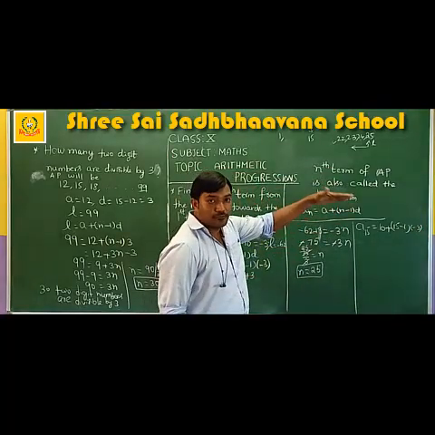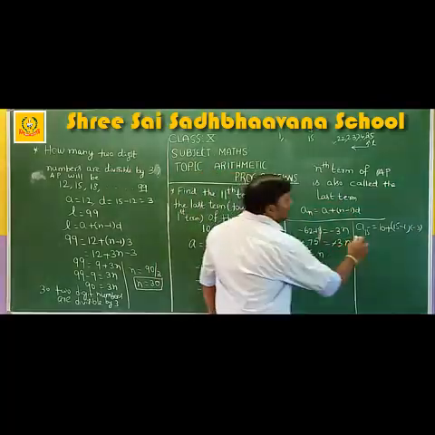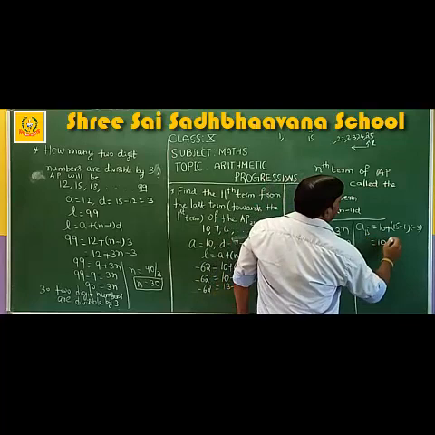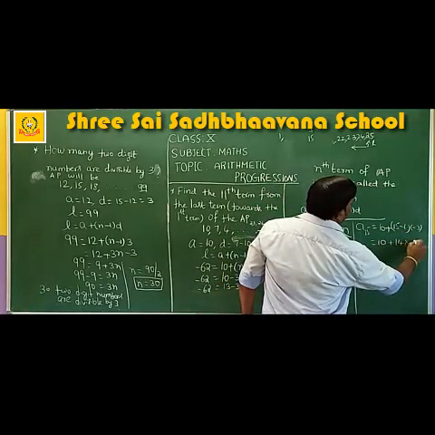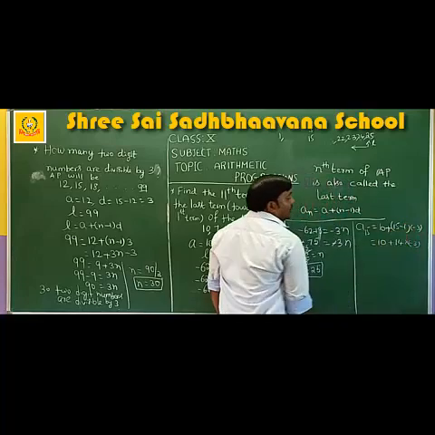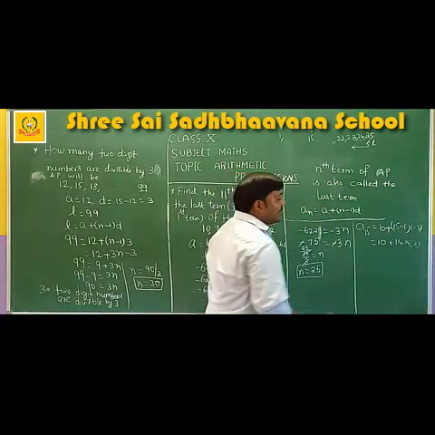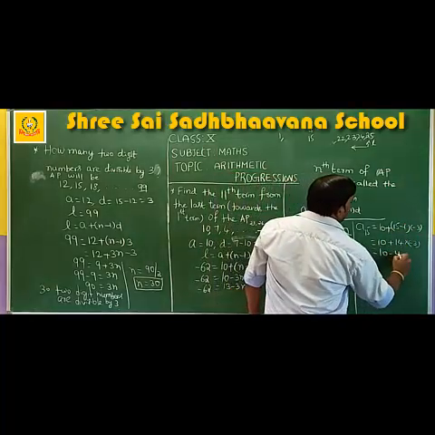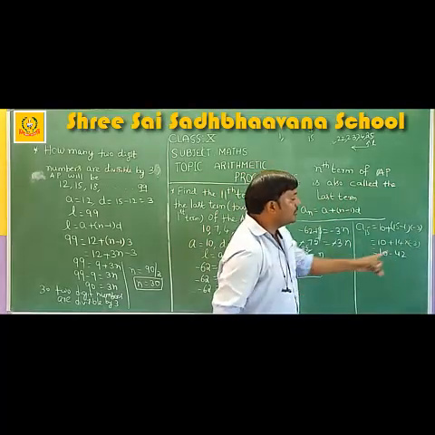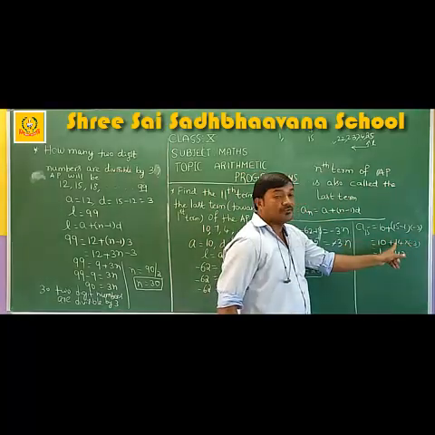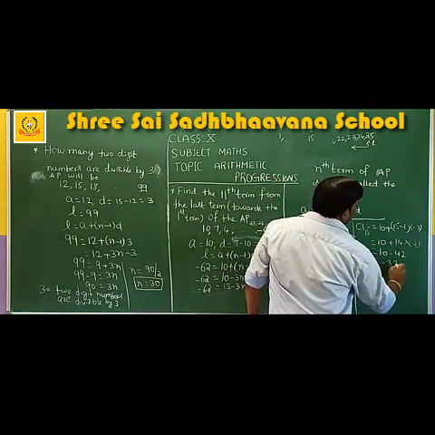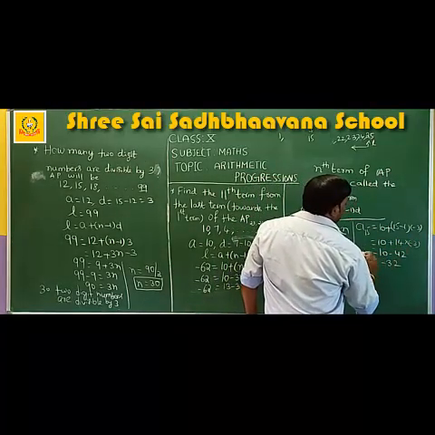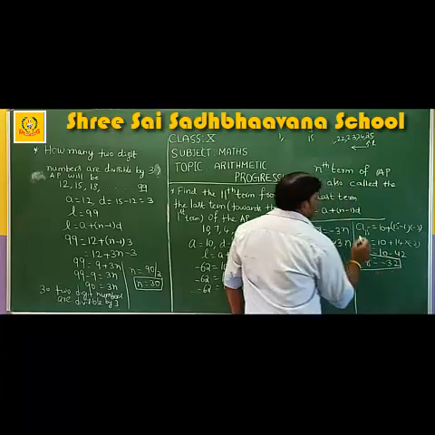So A15 is 10 plus 14 into minus 3. 15 minus 1 is 14. So 10 minus 42, since 14 threes are 42. Remember, minus 3 into plus 14 is minus 42, which will give you minus 32. So the 15th term of the sequence is minus 32.